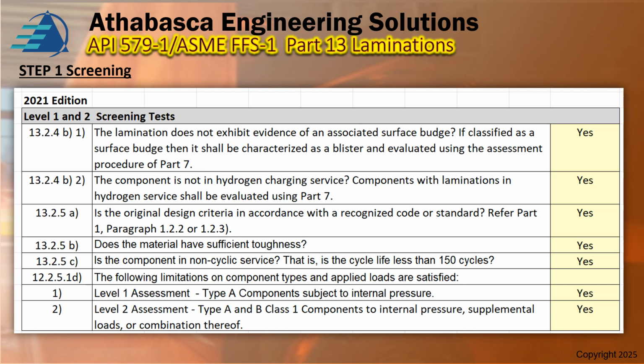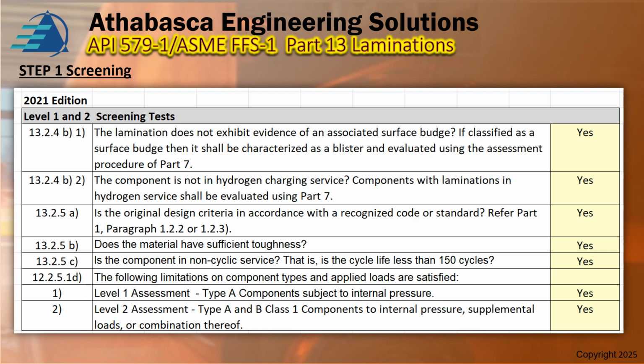If classified as a surface bulge, then it needs to be characterized as a blister, and then you need to go to part 7. Basically, then you don't use part 13, okay? And then the second one is, if the component is a hydrogen charged surface, the components with lamination, you have to go back to part 7 for that.